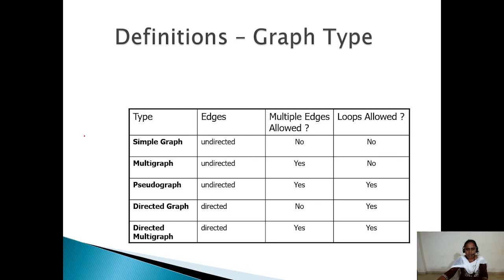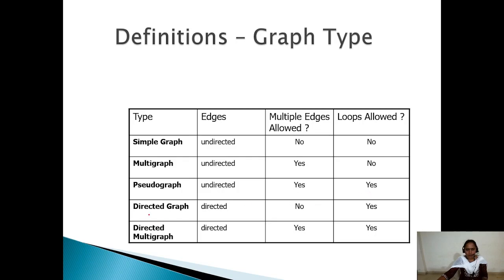Next, multigraph. Multigraph is an undirected graph. Multiple edges are allowed, yes. Loops are allowed, no. Pseudograph. Pseudograph is an undirected graph. Multiple edges are allowed, already see the example. Loops are allowed, yes.